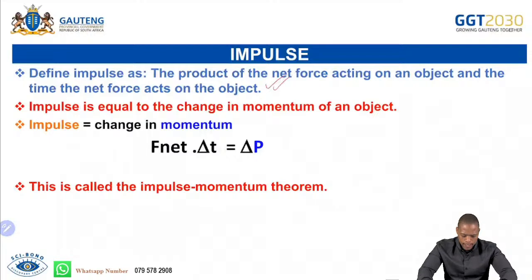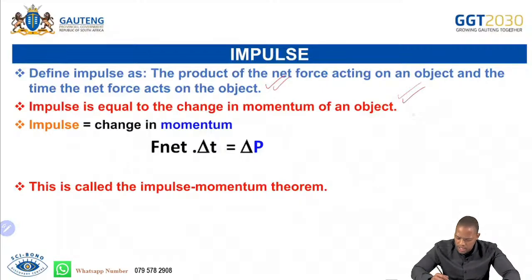Okay. Right. So, grade 12, it is said that the impulse is equal to the change in momentum of an object. This is where momentum comes in now. If you remember at the beginning of the lesson, we said we are doing impulse and momentum, the same momentum that we touched on during our previous lesson.